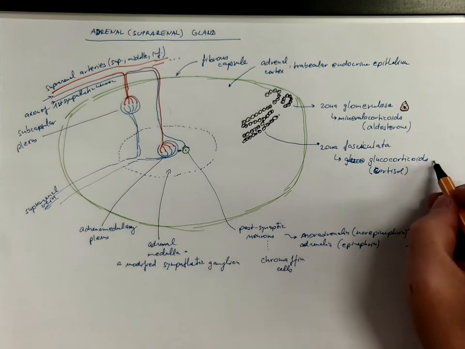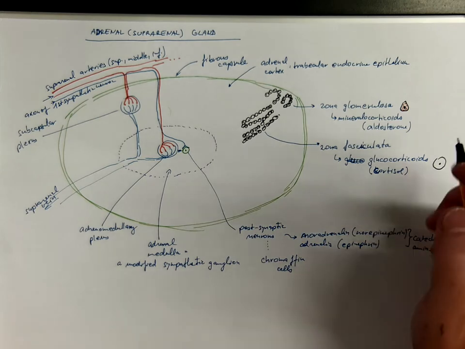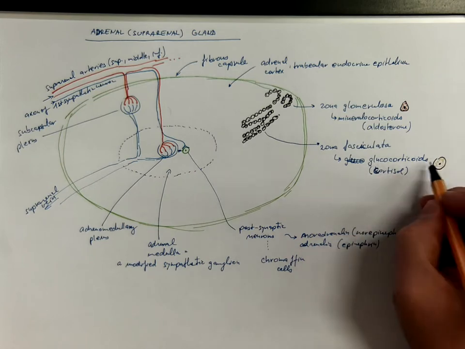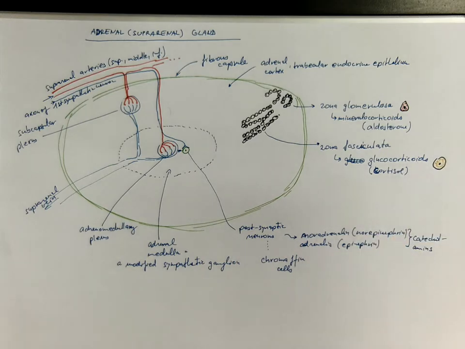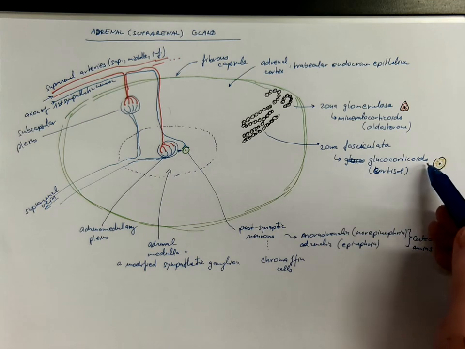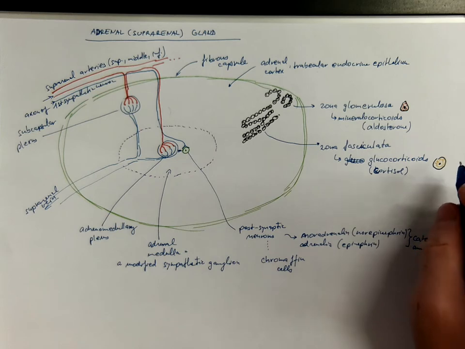The cells here in that layer are large, and they contain lipid vacuoles, these with precursors of the steroid hormones, namely the cholesterol, which is on the beginning of the synthesis of these steroid hormones, which are, by the way, synthesized on a smooth endoplasmic reticulum.